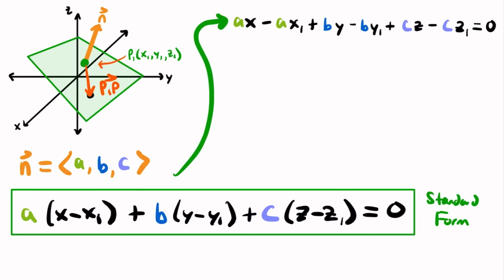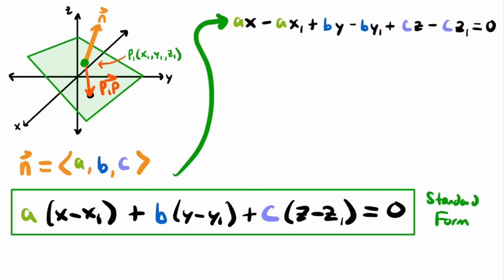Okay, and now what's important to realize about this equation is that x, y, and z are our variables, right? Those values represent the coordinates of any other point within the plane, the points that together would make up this entire plane.